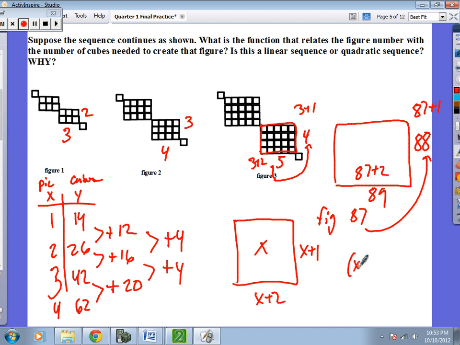So it's going to be x plus 1 times x plus 2. That's going to be x squared plus 2x plus x plus 2. You got to do the distributive property, x times x, x squared, x times 2, 2x, but then I got to multiply both these by 1. Then add your common terms. So it's going to be x squared plus 3x plus 2.